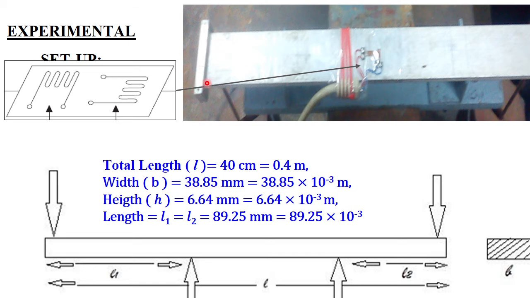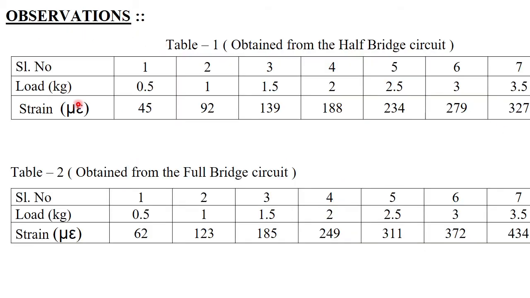From this point you see there is a rod which is ultimately attached to a load pan. From this end also there is a load pan. And on this pan these loads, so these are in steps of 500 gram, right? So what are the applied loads? 500 gram to 3.5 kg, right?